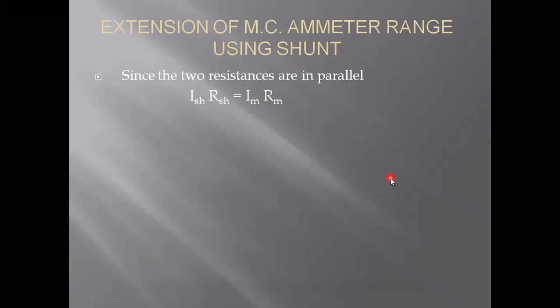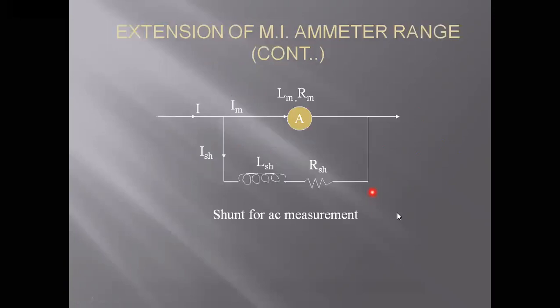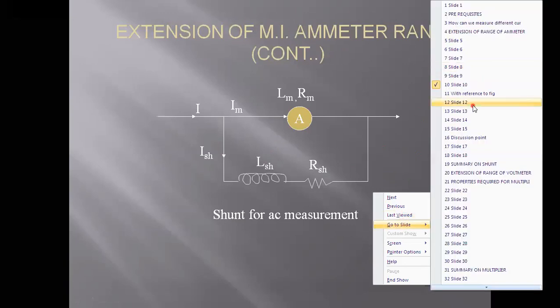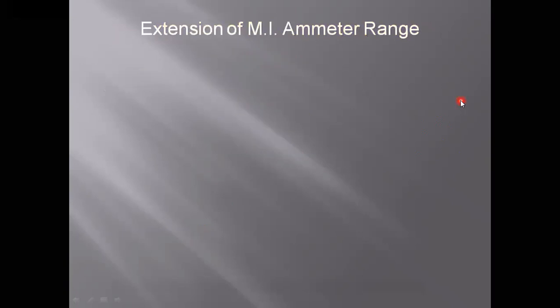We know that the shunt and meter are both connected in parallel, so we can write ISH plus Im by Im is equal to Rm plus RSH by RSH.